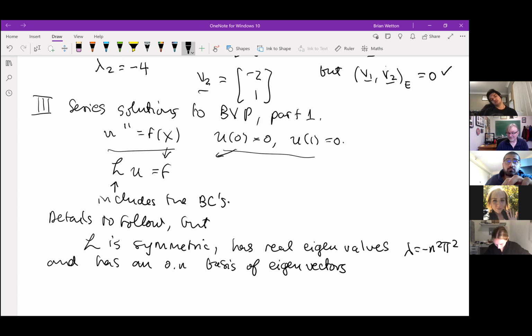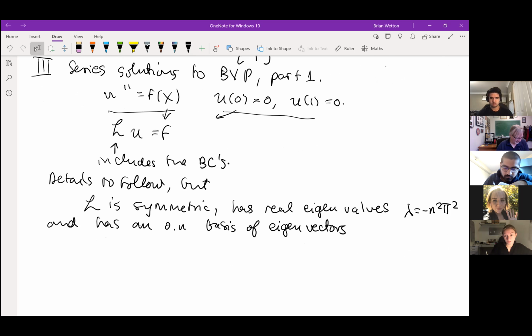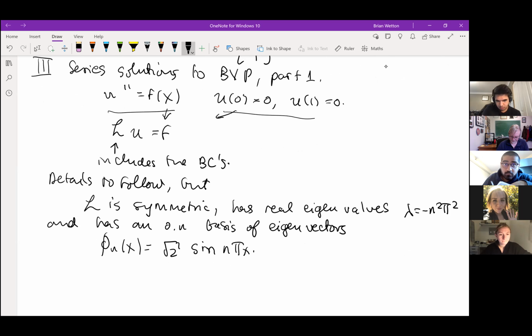And if I'm going to say they're normalized to have length 1, then I need a definition of distance, but that's going to come from the inner product, right? The distance squared is the inner product of u with itself. And of course, it's the sine series, which hopefully you've seen before. The square root of 2 is the normalizing term in the inner product I'm going to pick. Okay, so this is the sine series.